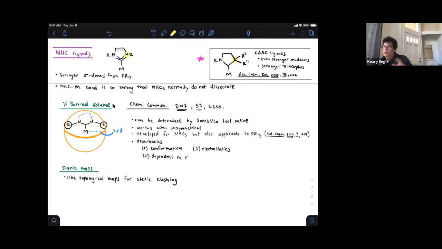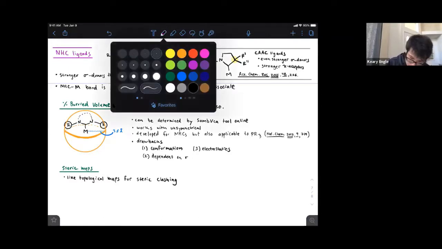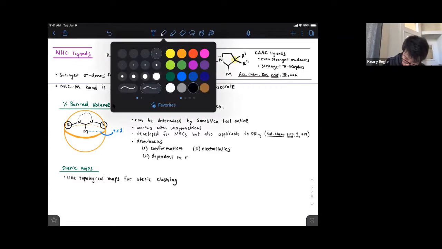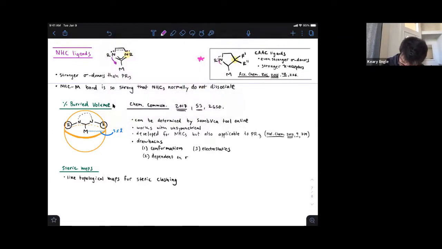And they've also become better pi acceptors because, one way to think about it is, in the NHC case you've got a lone pair here and a lone pair here that are both able to provide some electron density to the carbene. Now you only have one, and so the carbene itself is a little bit more deficient in pi electrons.